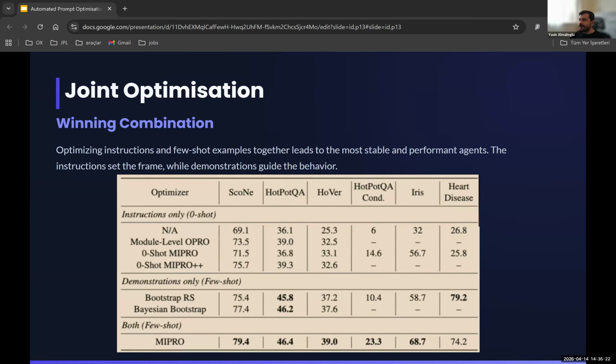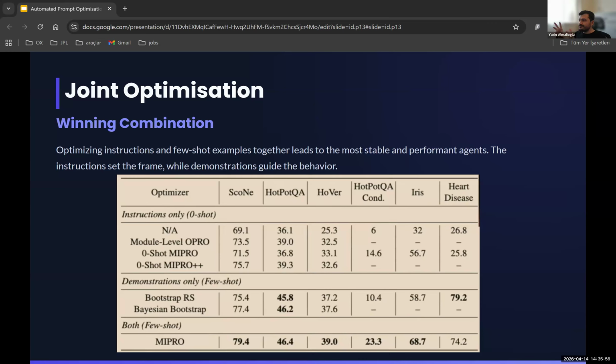That is why you get better results if you use joint optimization, because without, let's say, demonstrations the model wouldn't understand the distribution of data. Or, another way of looking at it, without the instructions, the model wouldn't understand the rule.